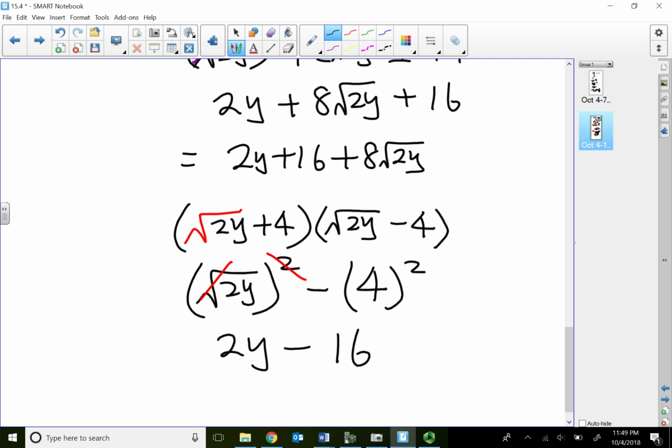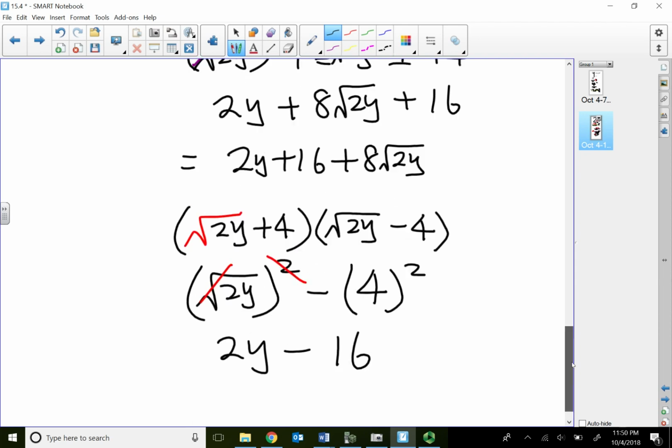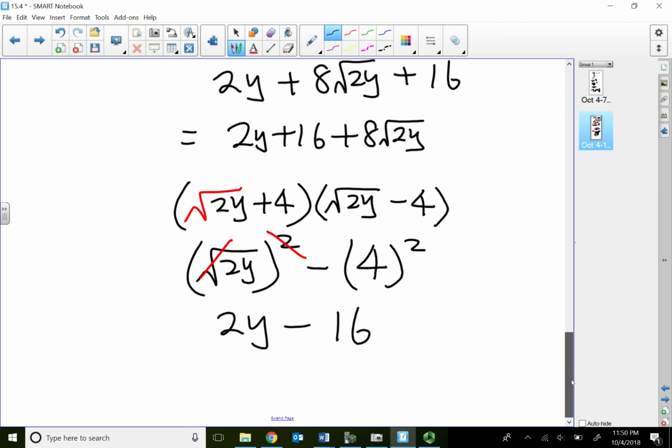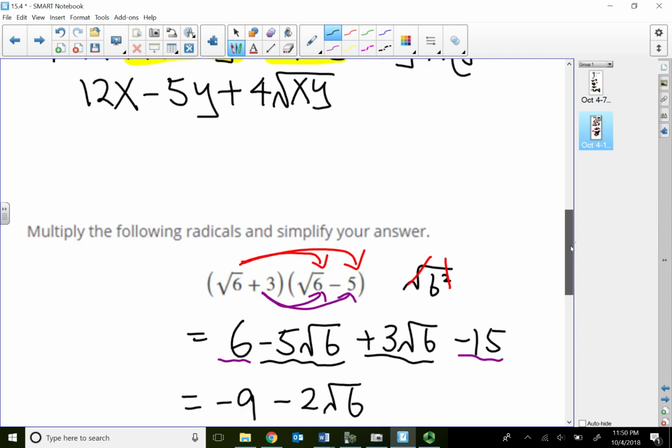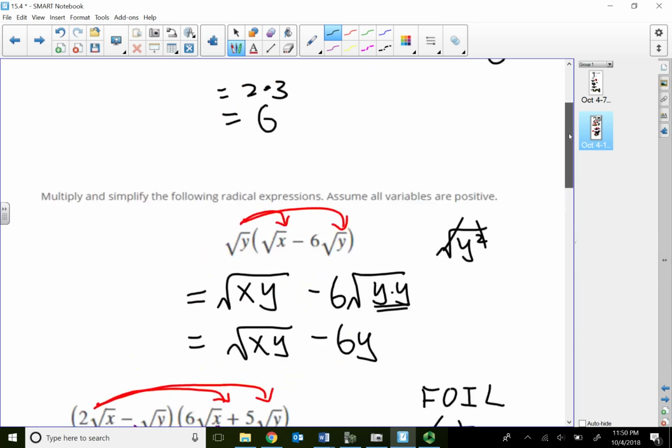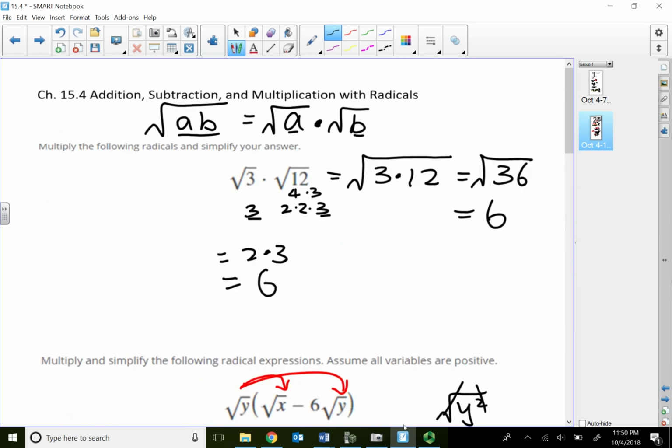So this is a very interesting problem, because difference of squares allows me to cancel out my radicals. So my answer actually does not have any radical expression in it. All right, so that was just a quick lesson on how we can multiply our radical expressions. That will conclude this lecture video. Thank you for watching.